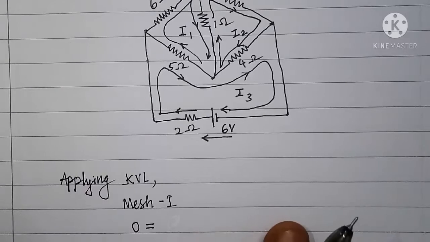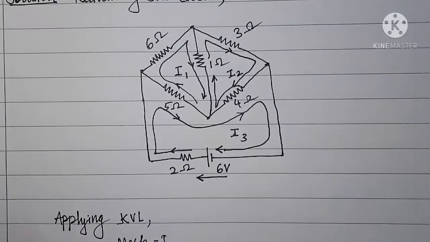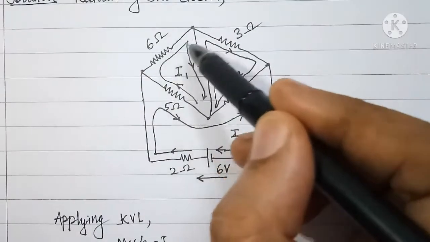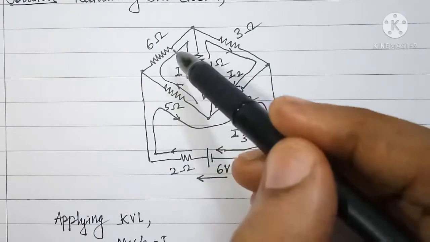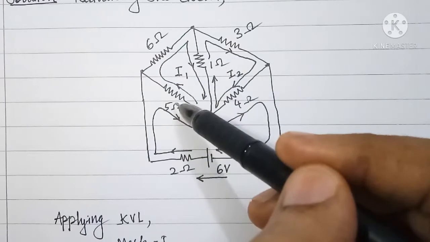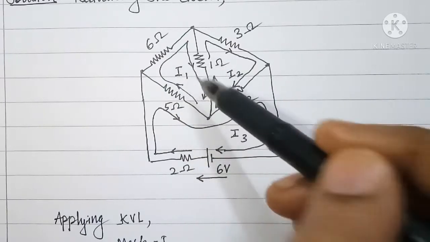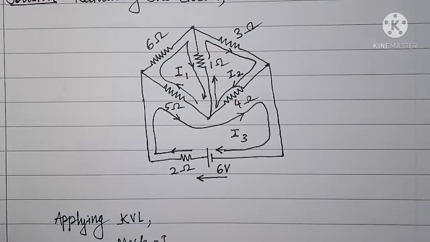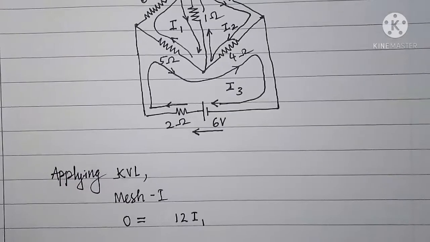So 0 equal to. Next, what we have to do? Add all the resistors in the first mesh. 6 plus 1, 7, 7 plus 5, 12, 12 into I1. So I have written here 12 into I1.